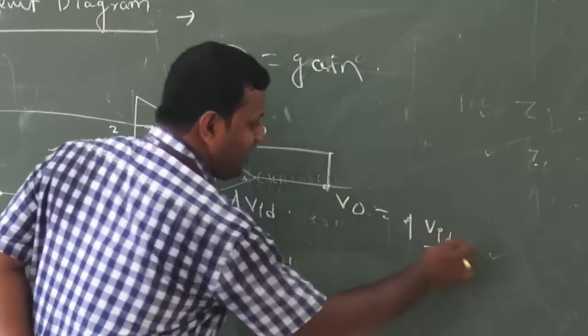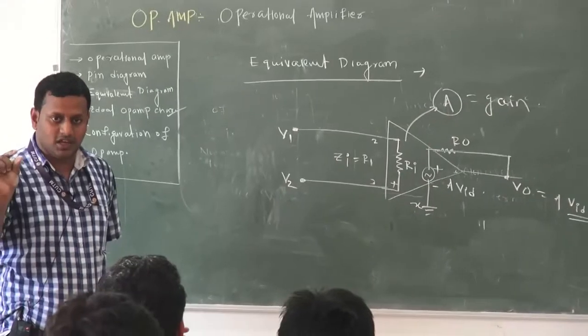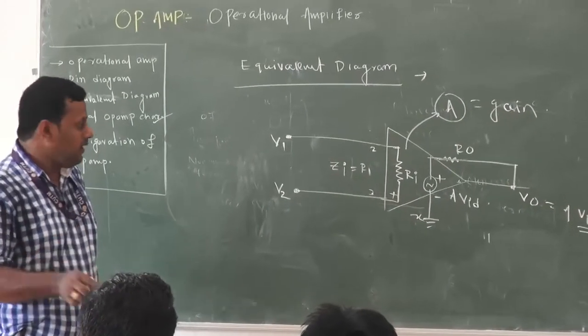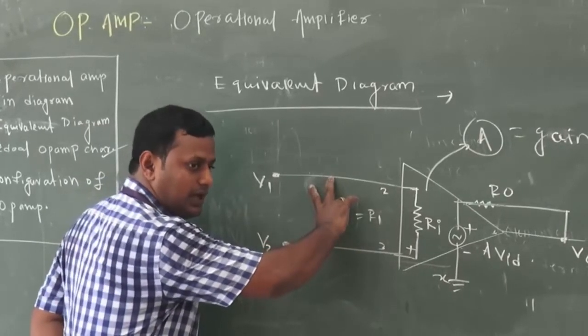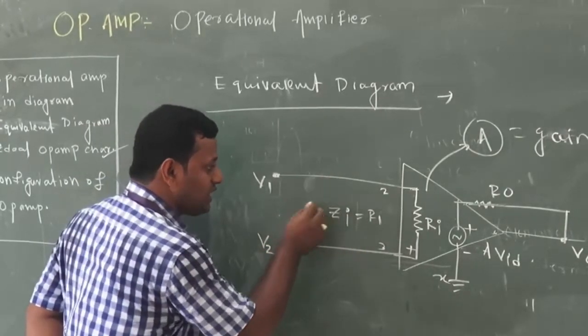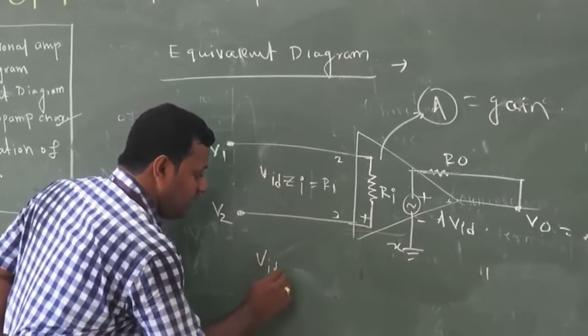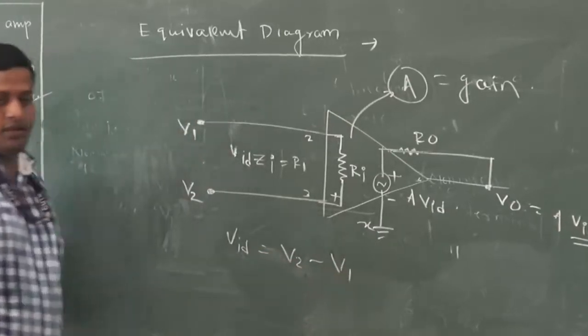Now, what is VID, I am asking? VID is the voltage difference between these two terminals. So VID is equal to V2 minus V1.